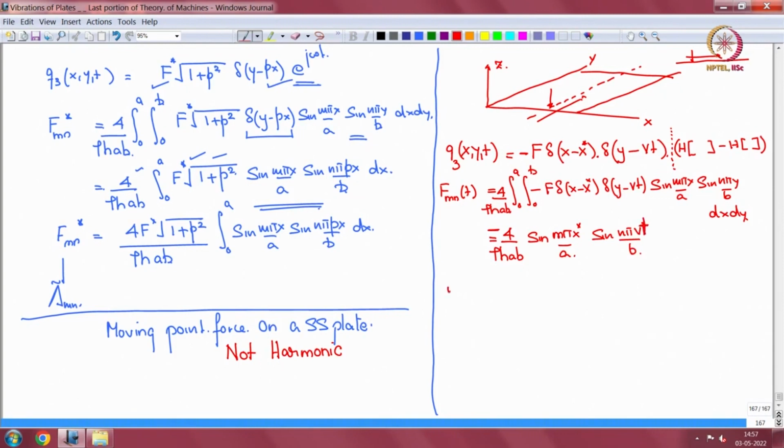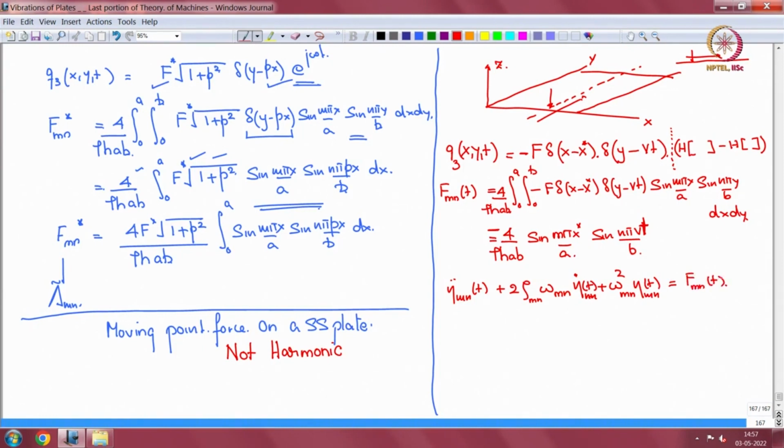So now I have eta mn double dot plus twice zeta mn omega mn eta dot plus omega square mn eta mn, functions of time, is equal to this fmn of t.